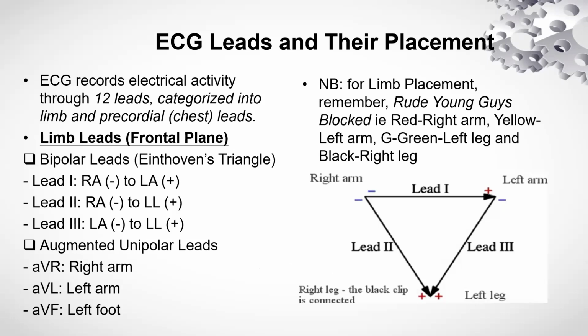Okay, so it's important for us to look at the ECG leads and where they are placed. Like we mentioned in the introduction, we have the modern 12-lead ECG. Most of the time, in the theater or in our different ICUs, we have the 3 to 5 lead ECG.